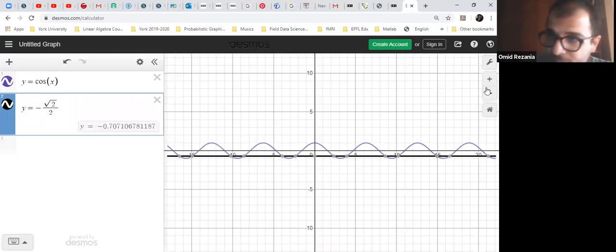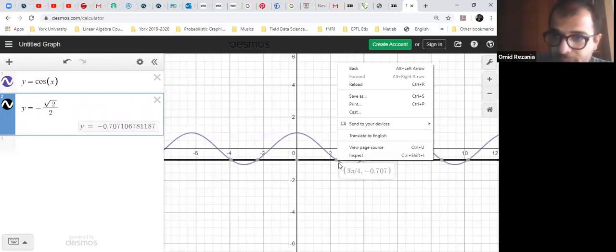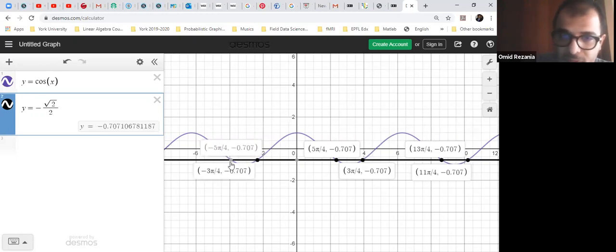You see, there are many points, not only one root. You have many roots: 3 pi over 4, 5 pi over 4, 11 pi over 4, minus 13 pi over 4, minus 3 pi over 4, minus pi over 4, and it goes on. You see that we have many, many solutions.